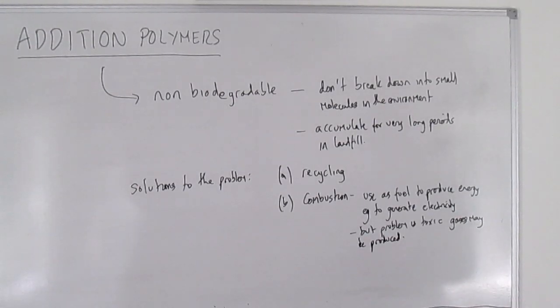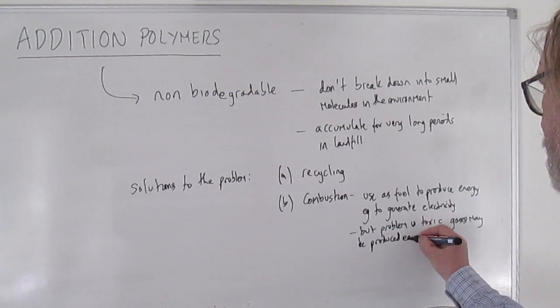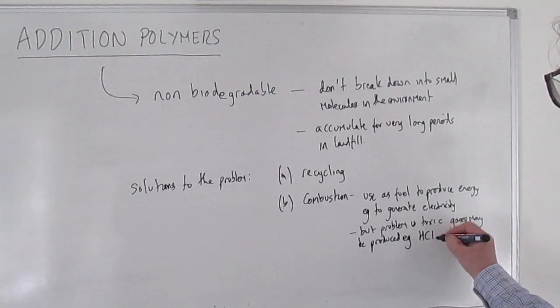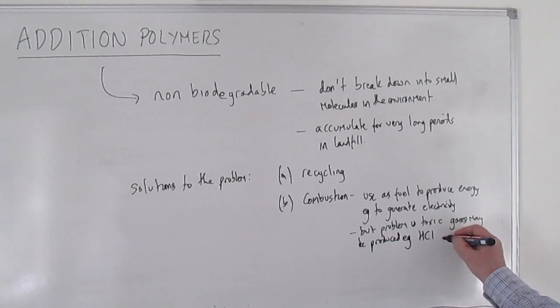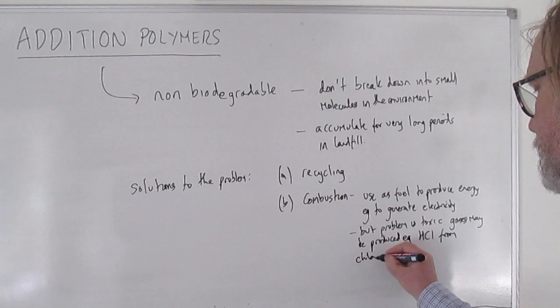Perhaps the most obvious example is if you have chlorinated polymers like PVC, which contains chlorine as well as carbon and hydrogen. Then when those burn, it tends to produce HCl, which is very toxic and also acidic. So a good example of that would be HCl from chlorinated polymers.